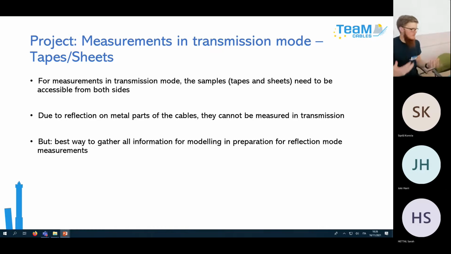But these transmission measurements of the tapes and sheets are the best way to gather all the possible information for the later modeling and for the preparation of reflection mode measurements.